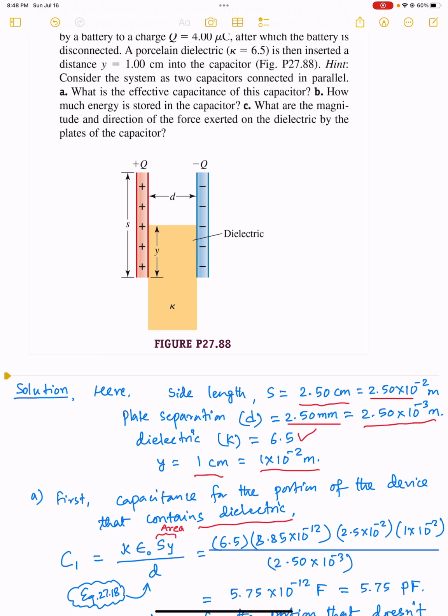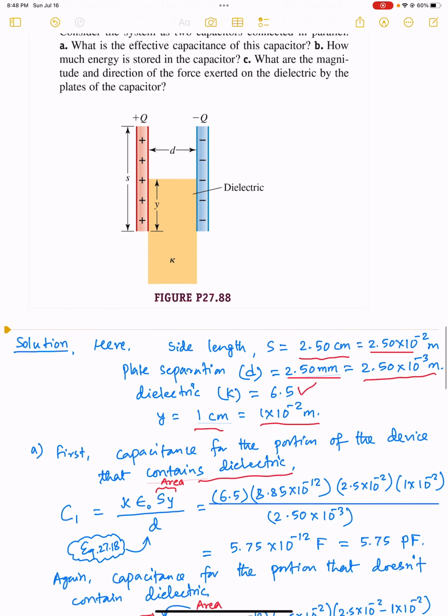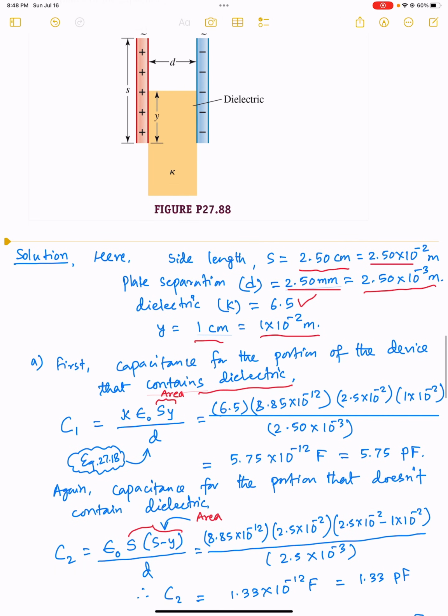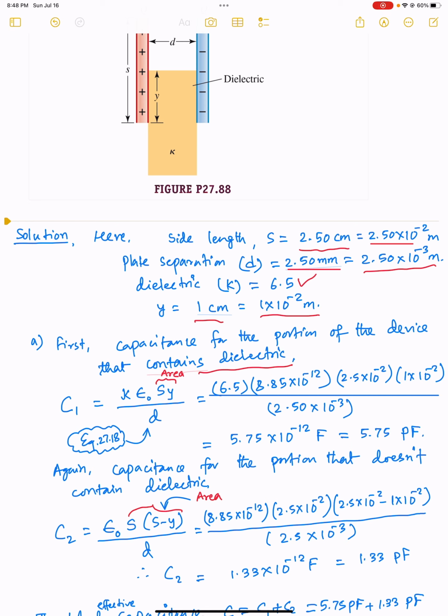So you will be able to differentiate the portion of the device that contains dielectric from the portion that doesn't contain dielectric. Suppose, let's say, the capacitance for the portion of the device that contains dielectric would be this. I think you all are familiar with the formula K epsilon naught A over d.